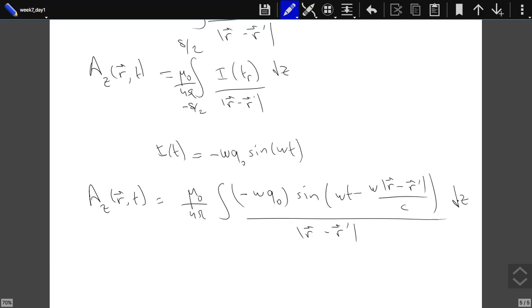Well, keep in mind, we are at a very far away point. So r prime is just along the z-axis. It has a magnitude smaller than delta over 2.